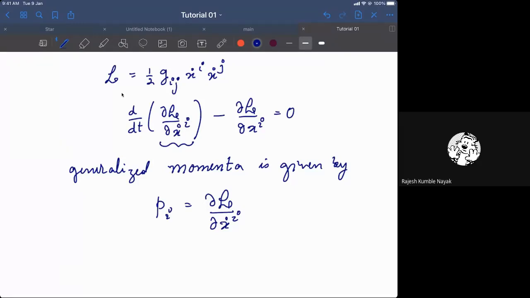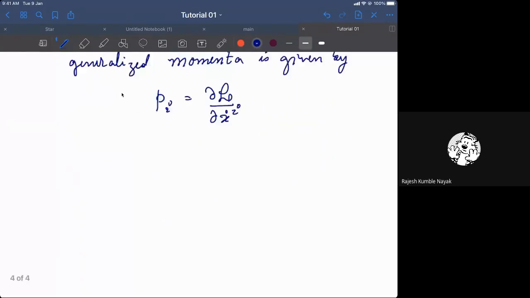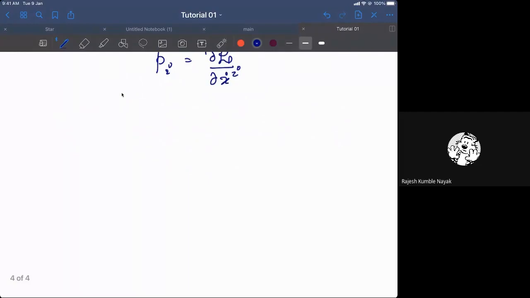Let's go and write down the generalized momentum. We have to write it a little more carefully because we are having this problem of indices. If the indices are not done properly, then we will end up in a mess. So p_i, p is the generalized momentum, i is an index for the components, the ith component is given by this.